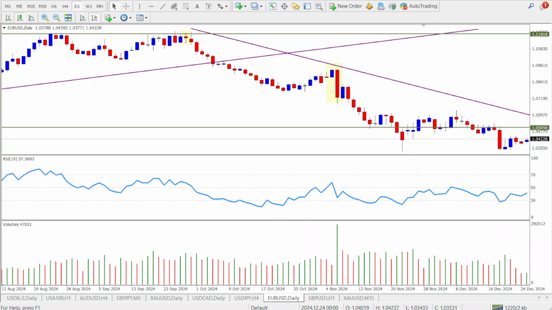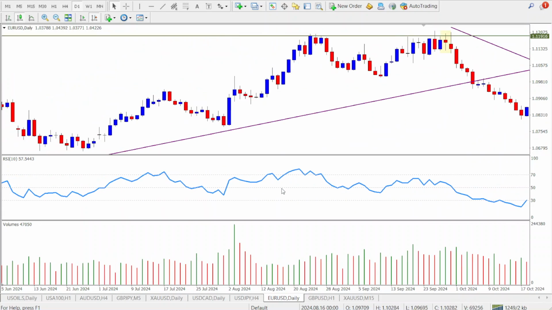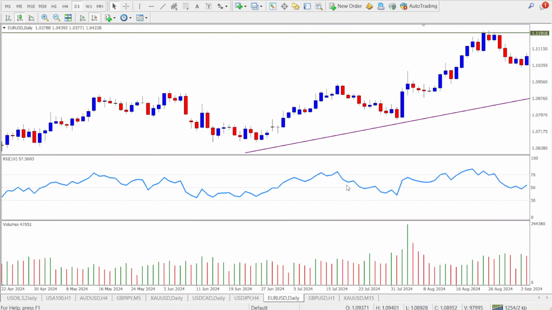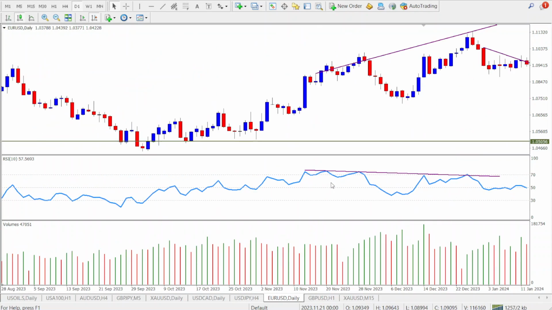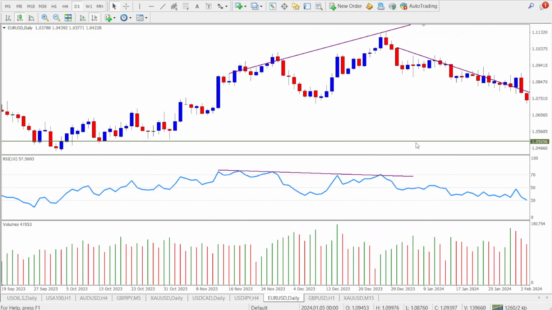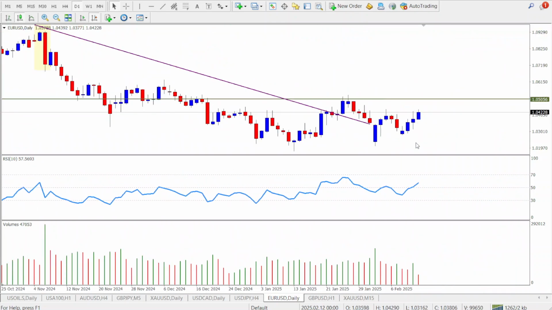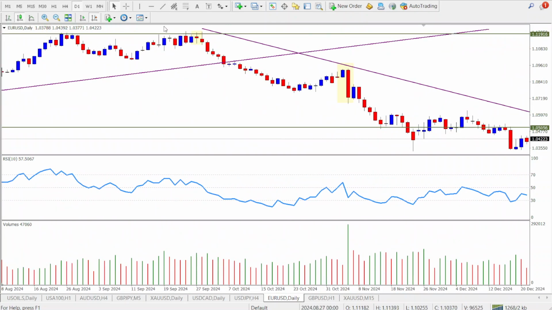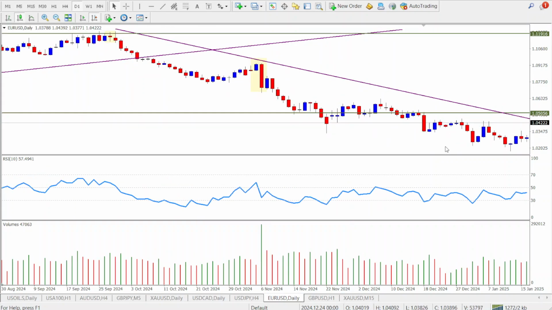Okay, now let's just do a quick recap. The 5 clear obvious signs that forex market prices might reverse are: 1, divergence, okay, which is when price moves opposite to indicators. The second is your support and resistance levels.